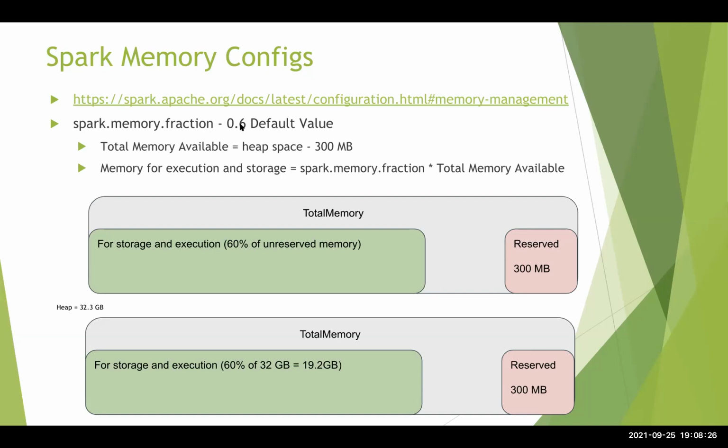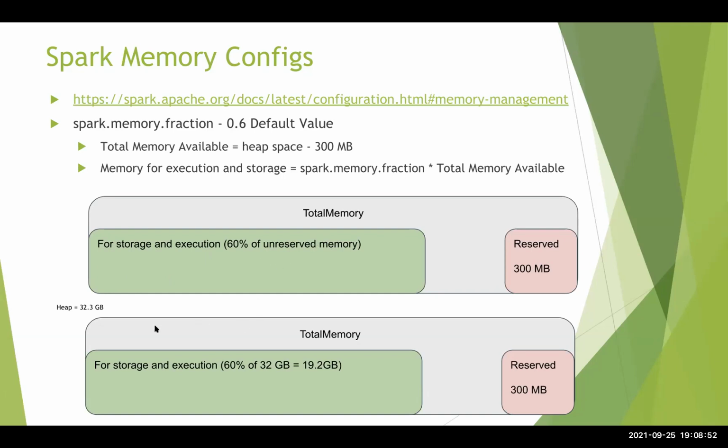It is 0.6. If you don't change it, this is 60% of the total memory, reserved for storage and execution. What do you mean by storage and execution? We discussed that, right? For example, you can persist or cache your dataset or data frame. You have broadcast variables. You will have variables inside your Spark program also, right? So this memory gets used for that.